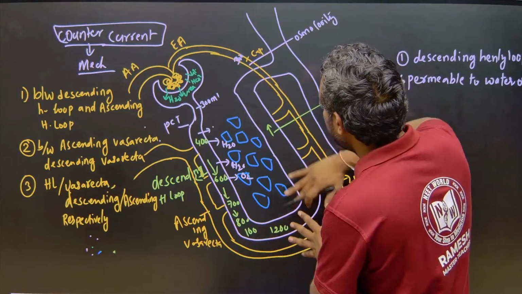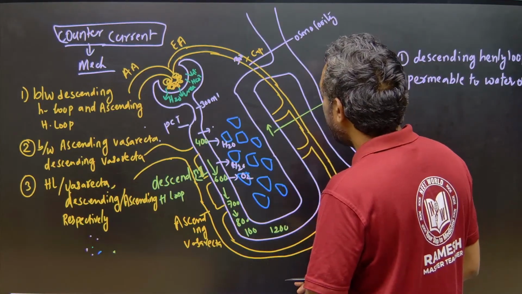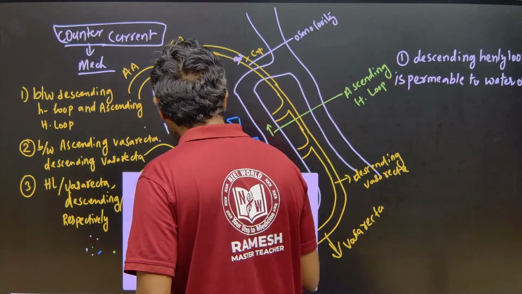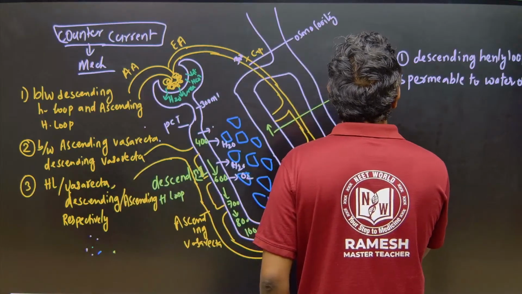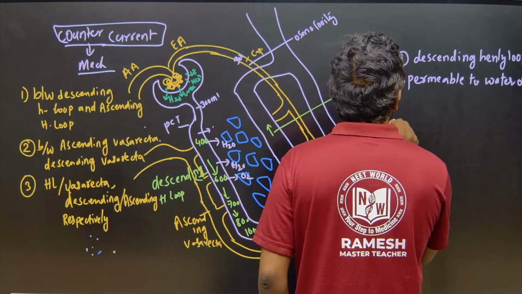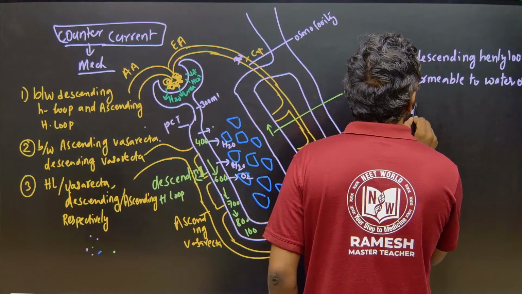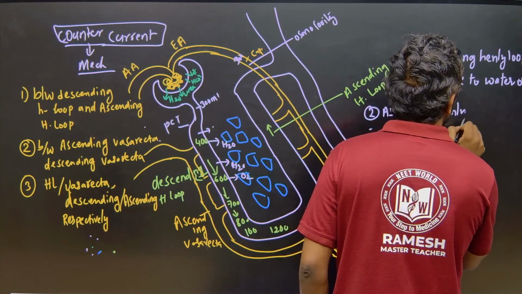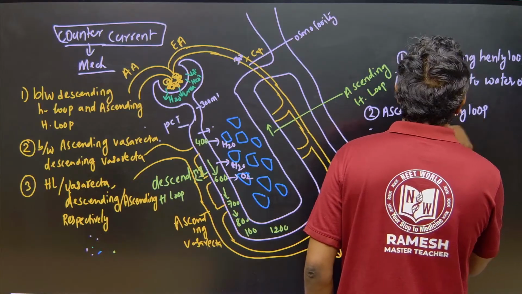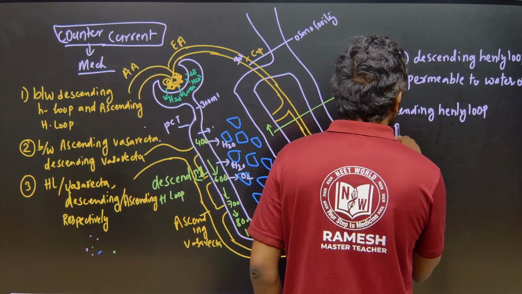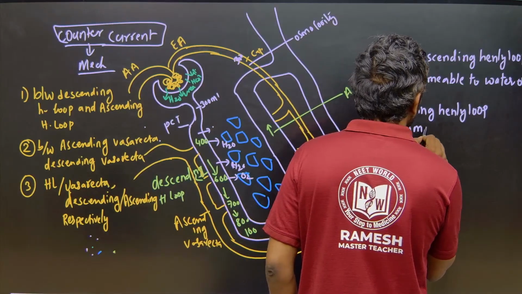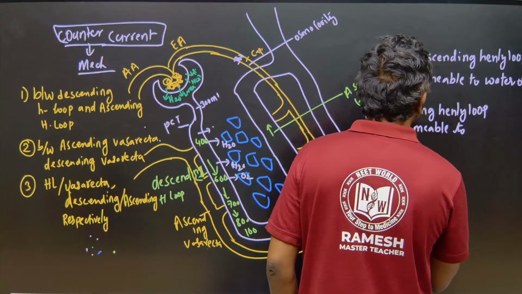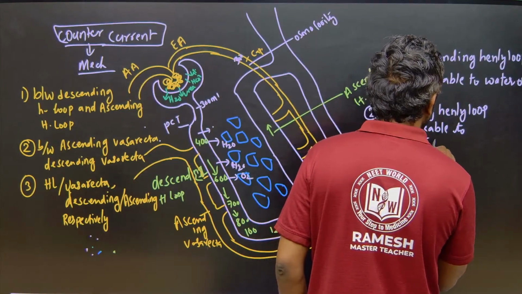Coming to the ascending Henle limb, the 1200 here, second point: the ascending limb is permeable to sodium ions only.